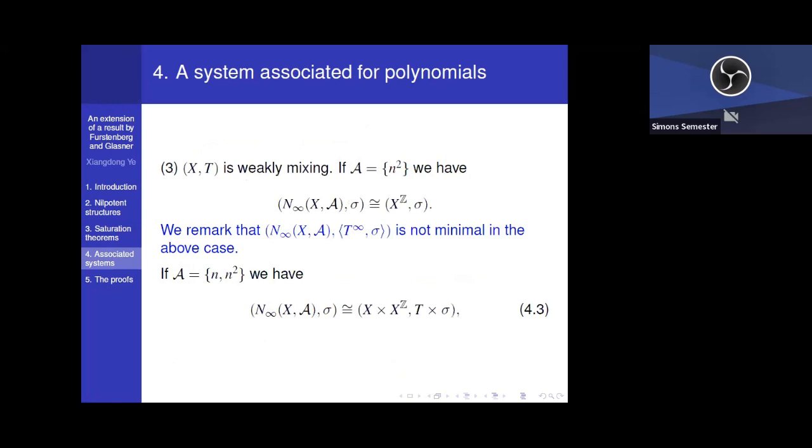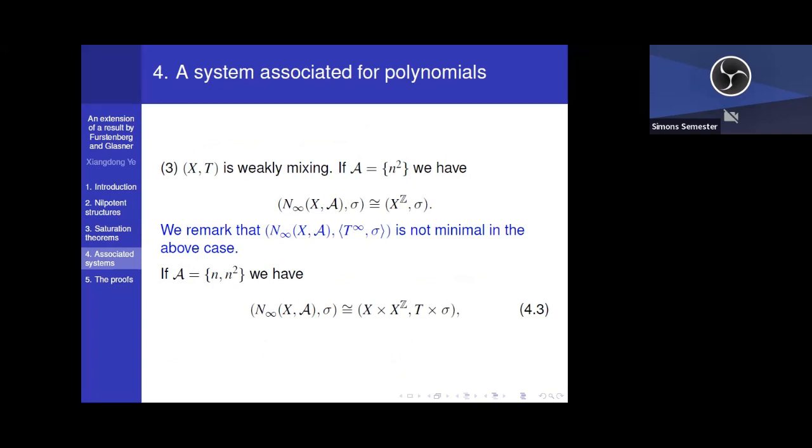So when xt is weakly mixing, for example, if A is n squared, you will see this system is xz sigma. So from this, you will see that this system is not minimal in the above case already.